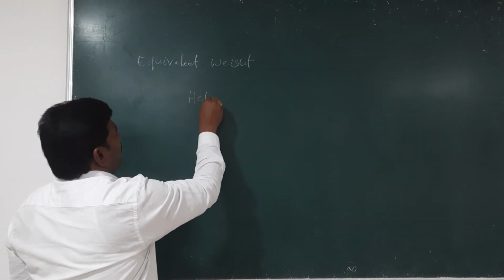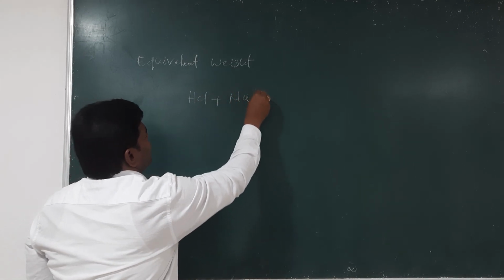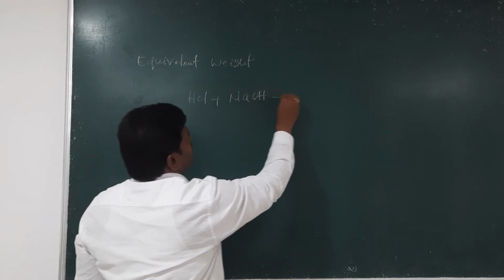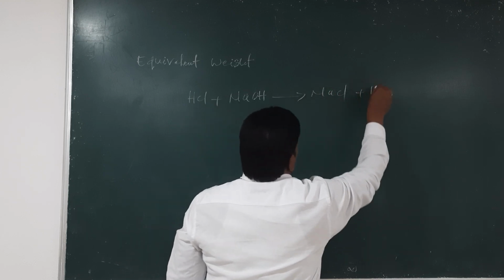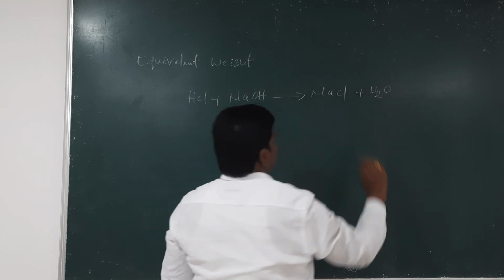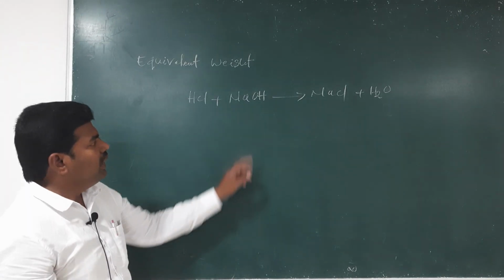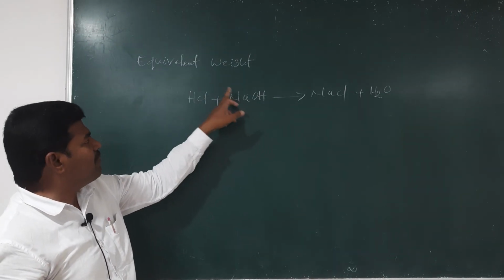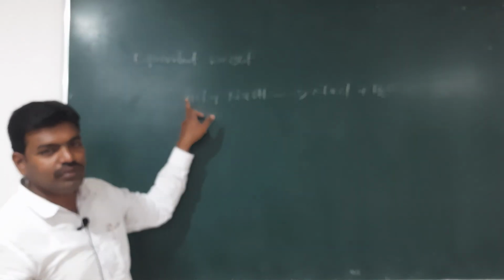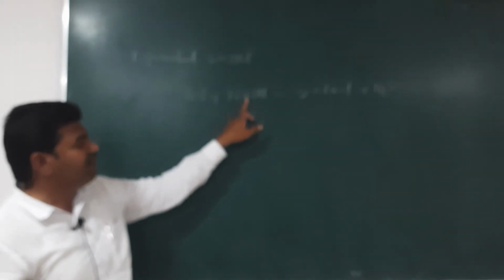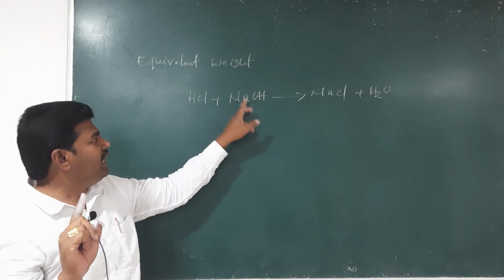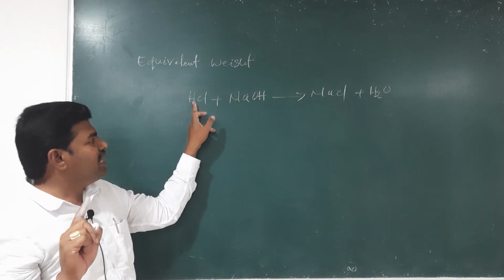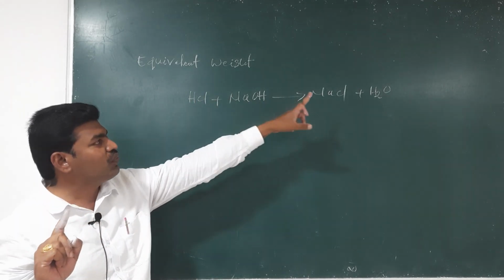HCl plus NaOH gives rise to NaCl plus H2O. Here 1 mole of NaOH replaces 1 hydrogen, so the equivalent weight is molecular weight by 1, and here HCl replaces 1 OH group and forms 1 water molecule.